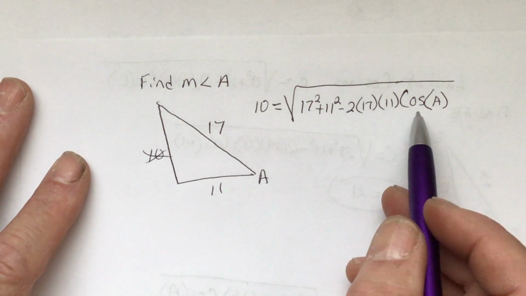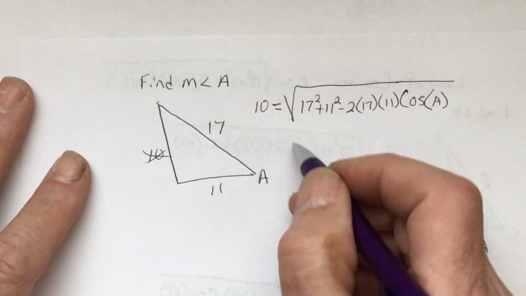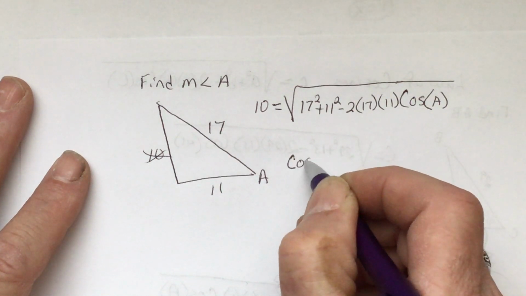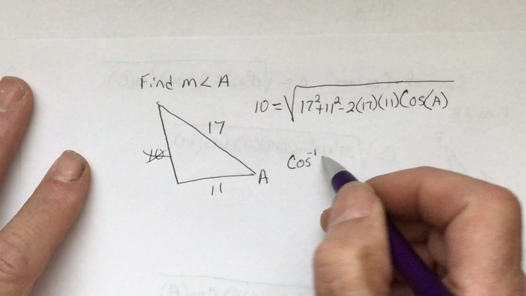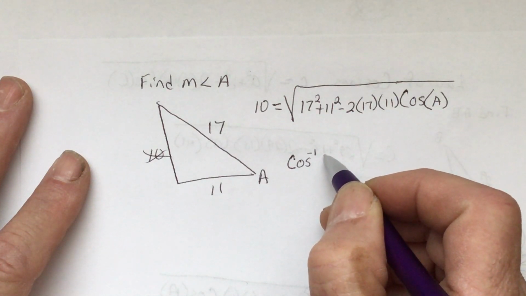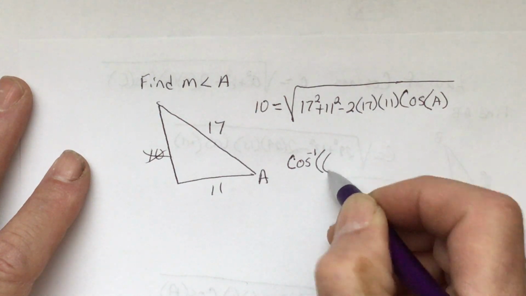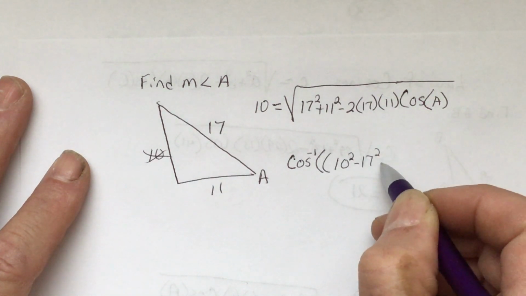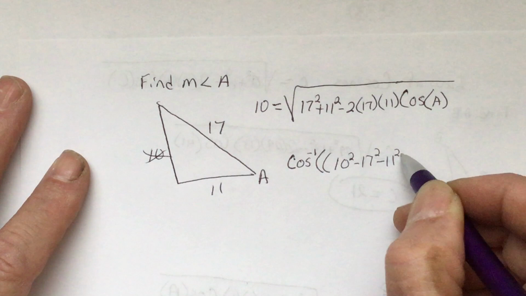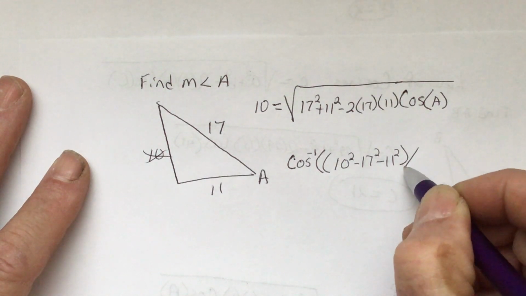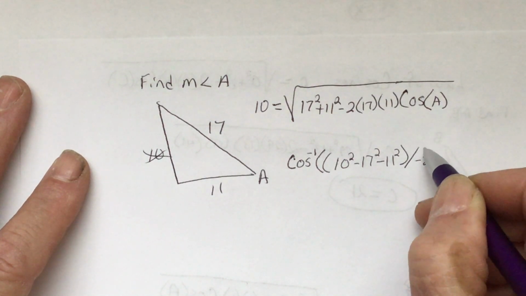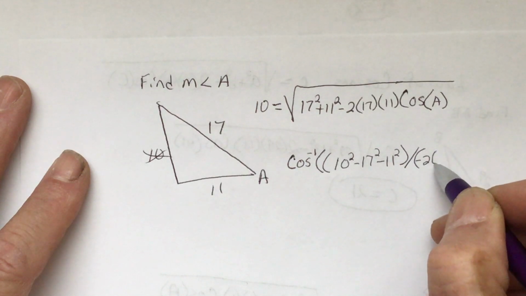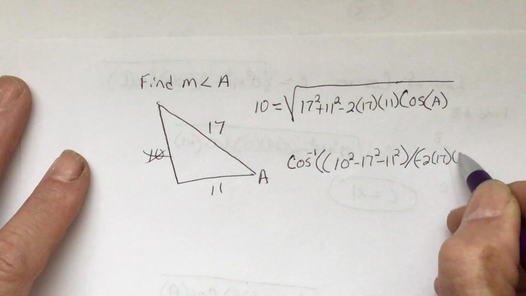Then you solve this for A, and you get inverse cosine of 10 squared minus 17 squared minus 11 squared being divided by negative 2 times 17 times 11.